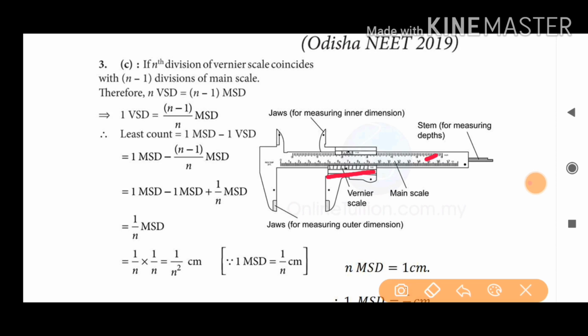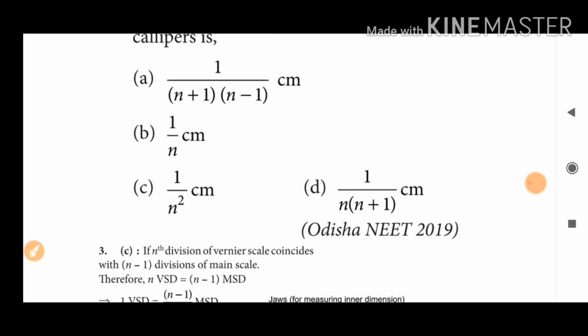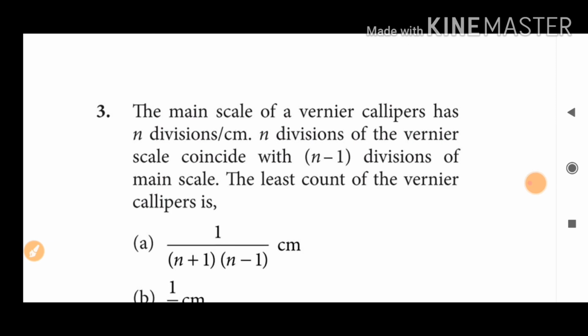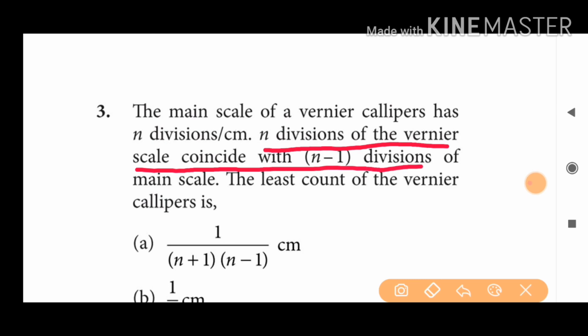And these jaws are for measuring any dimensions. Now what is given in the question? N divisions of the vernier scale coincide with n-1 divisions of main scale.